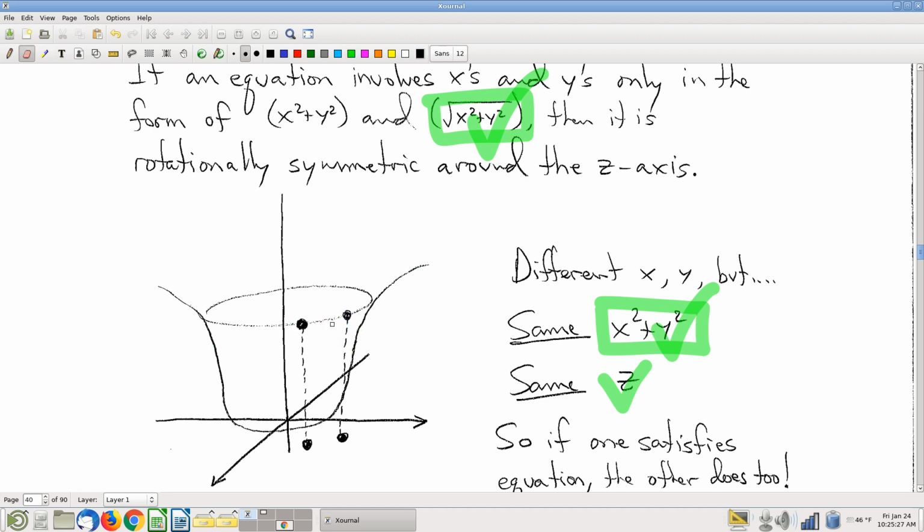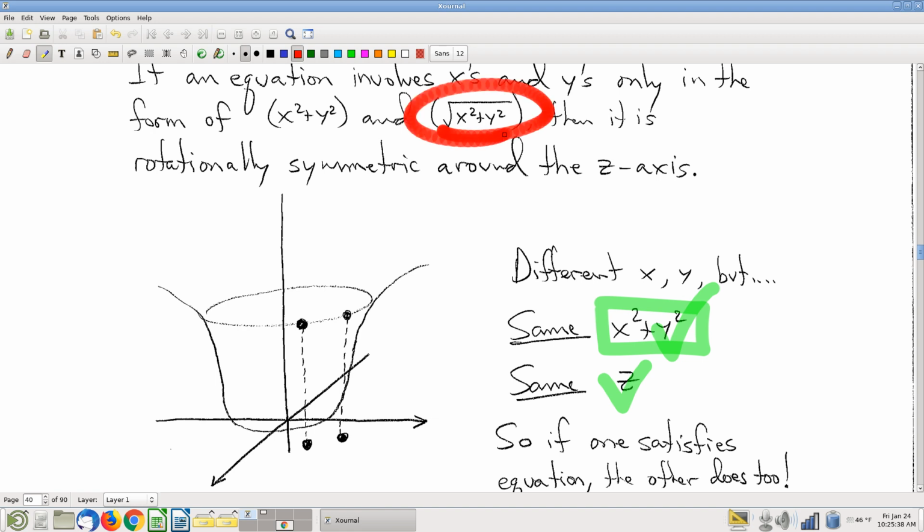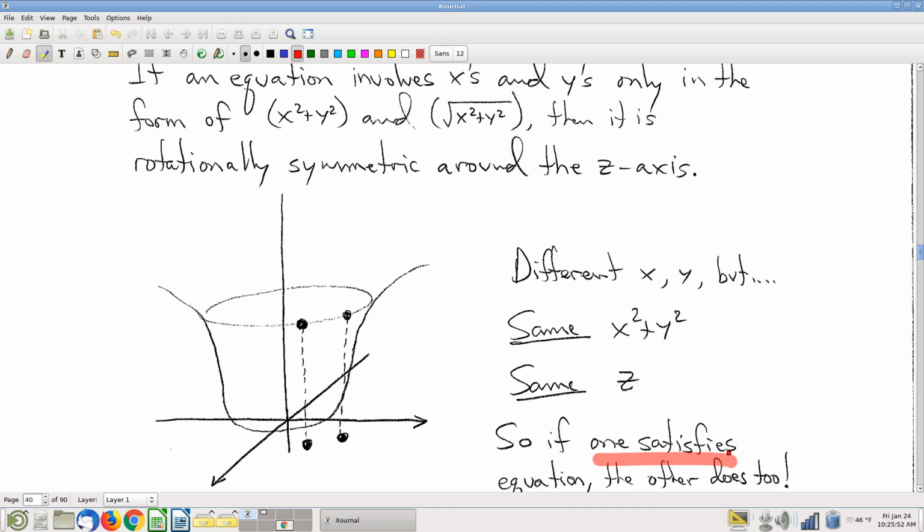And so, by assumption, our equation involves these variables that are different, but only in this form where these two points agree. And then, of course, there are z's in the equation, but these two points agree on z as well.